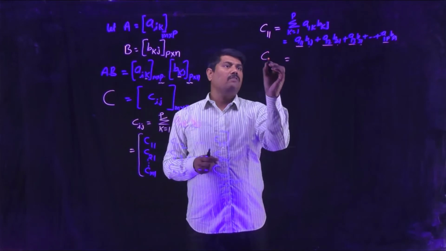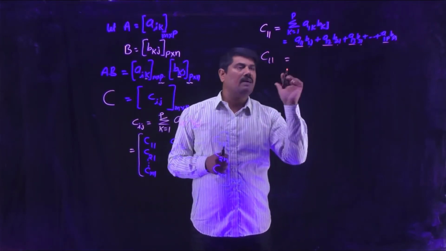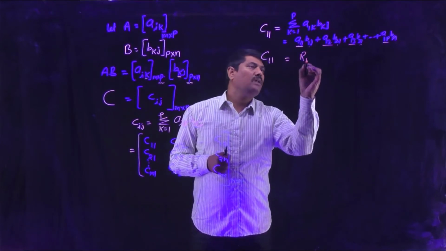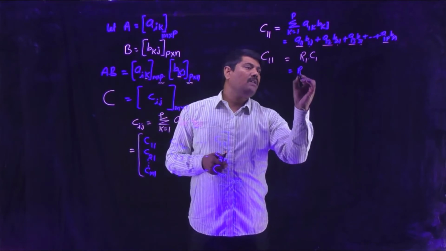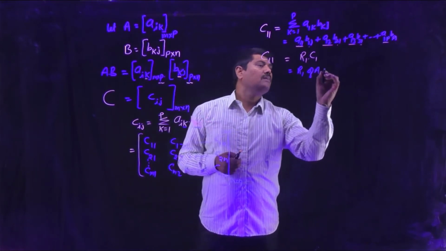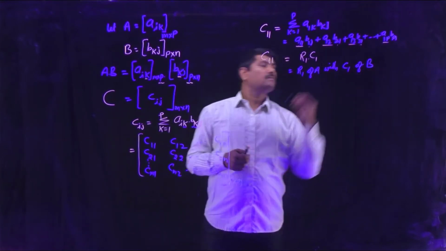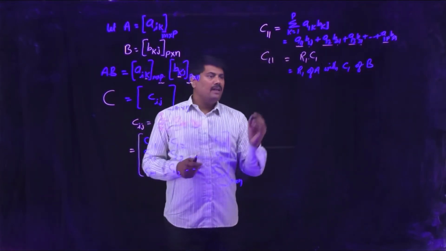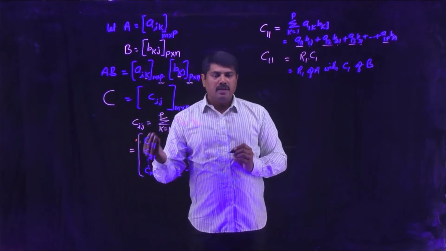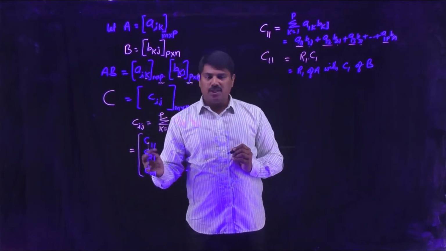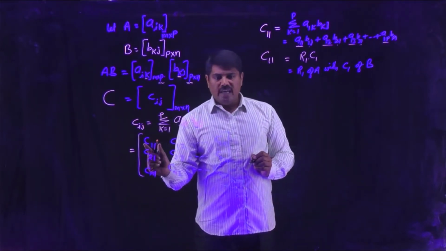The C11 element is obtained by multiplying R1 of A with C1 of B. So how did the first element in the newly obtained matrix after multiplication come about?